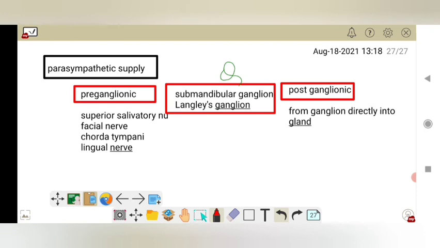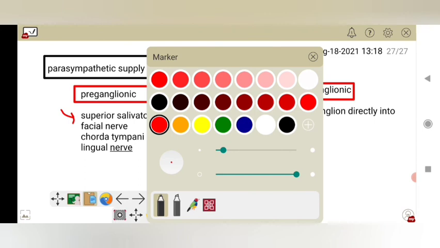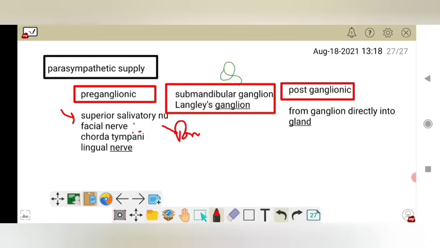Now, parasympathetic preganglionic fibers arise in superior salivatory nucleus of the pons, then come into the facial nerve, then facial nerve to chorda tympani to lingual nerve. Fibers relay in submandibular ganglion.